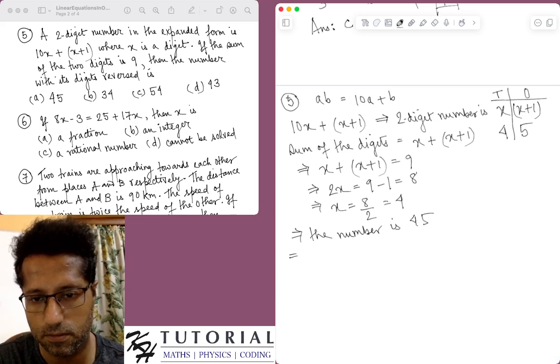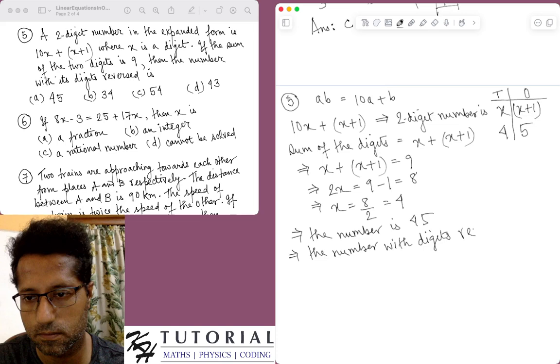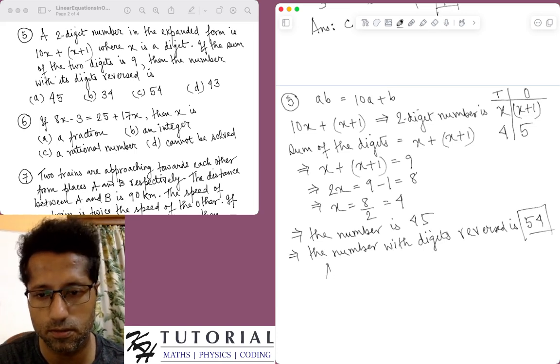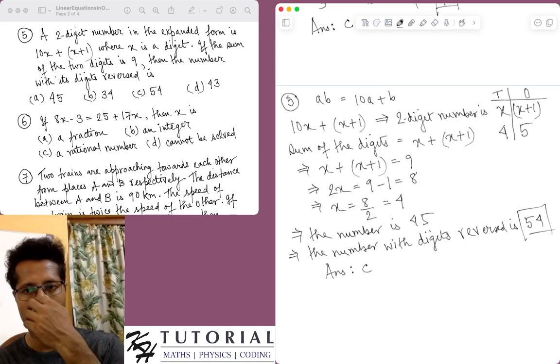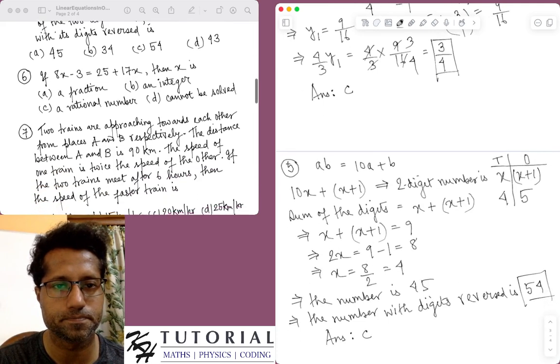This implies the number with digits reversed is 54. So this is the result. So the choice is choice C.